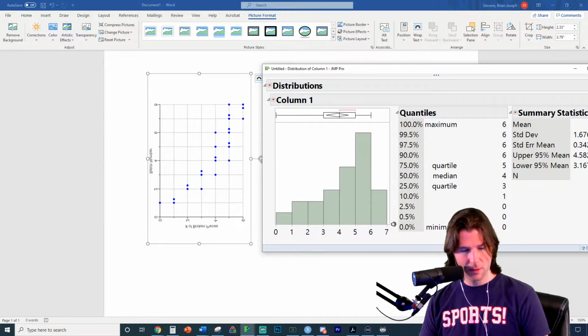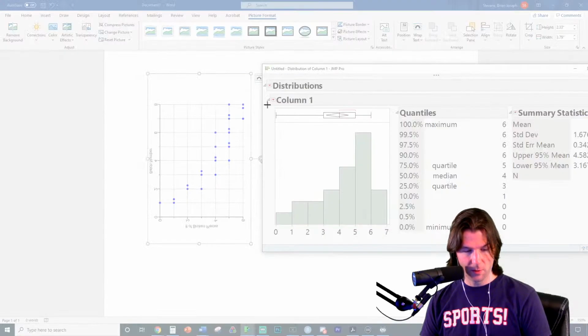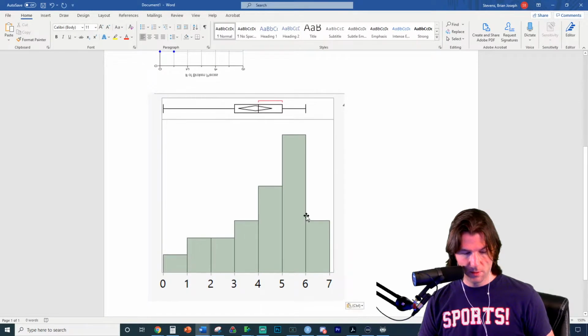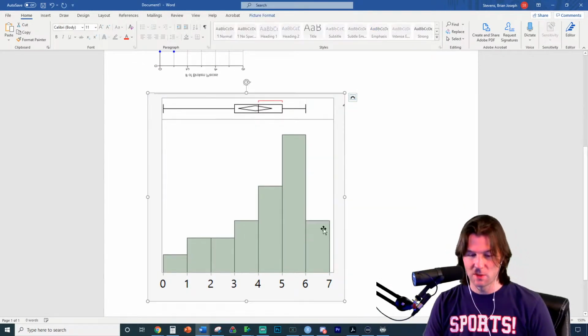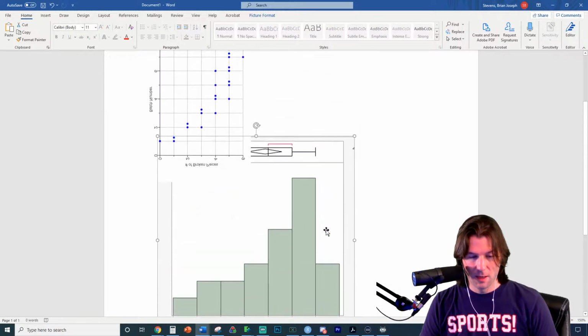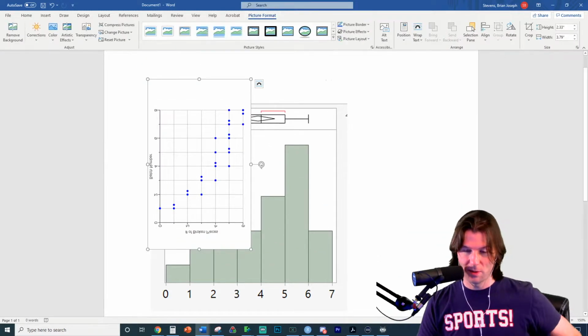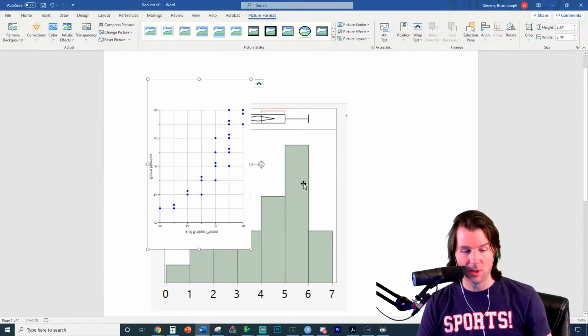I don't know if you can do opacities on these things. I don't know enough picture formats in Word. Opacity is when you can see through the image.